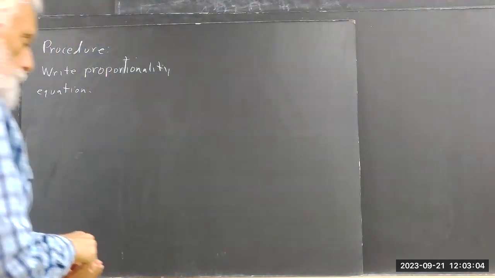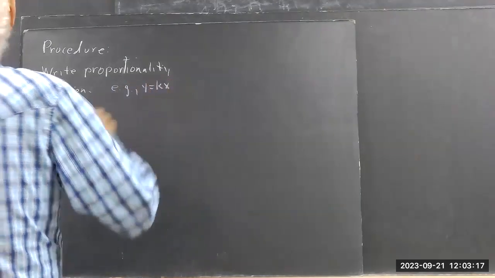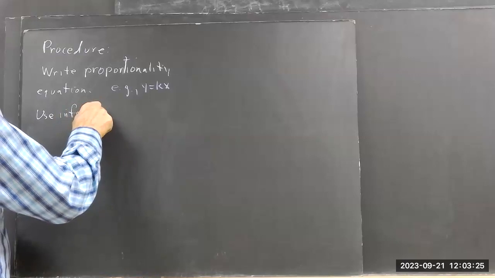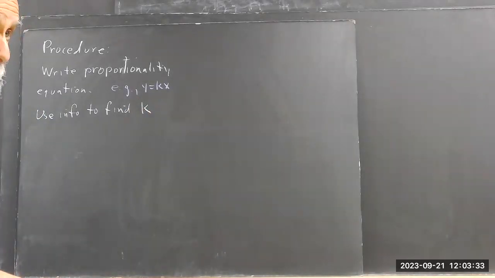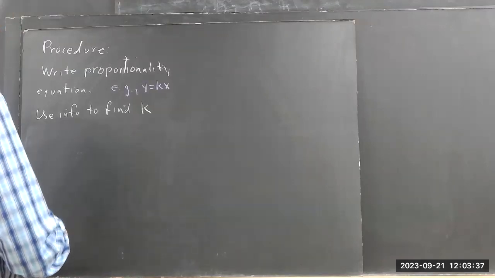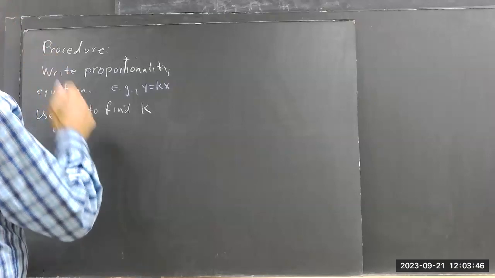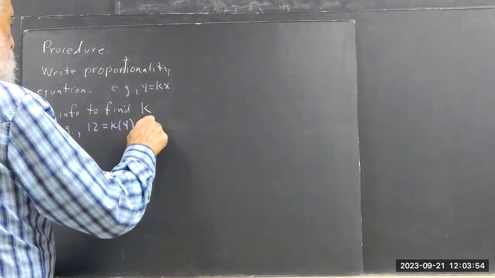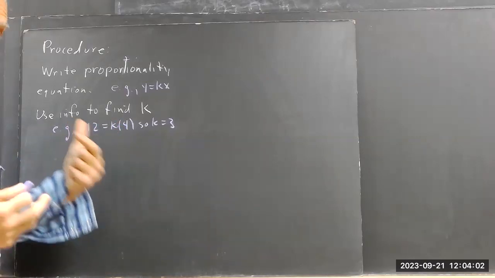Well, for this case, the proportionality equation would be y equals kx. Use the information to find k. In the current example, it'd be 12 equals k times 4, so k equals 3, 12 and 4 being given values of x and y.